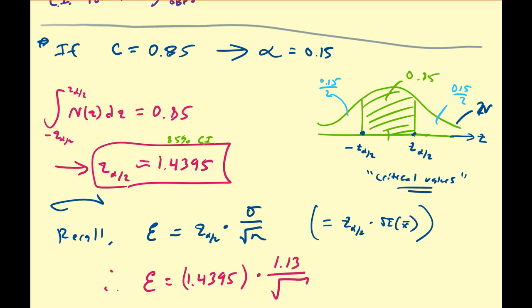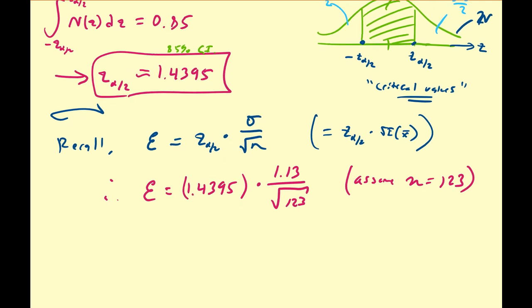the sample size. So what is the sample size? Did I state what it was? No. So let's assume that the sample size was something like 123 or something. So something relatively large. All right, so if we assume that to be true, then what are we going to get?